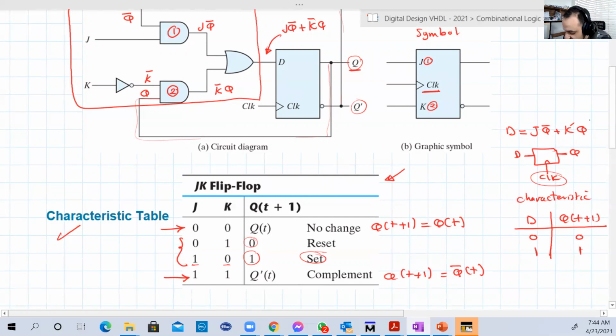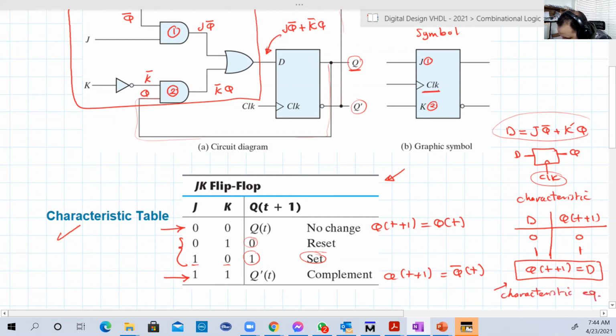Now let's apply what we have here. So basically, Q of T plus 1 equals D. That's what this table, this characteristic table, is saying. And this is called the characteristic equation, which comes just from the characteristic table. It's not something new. So let's do that for the JK flip-flop.